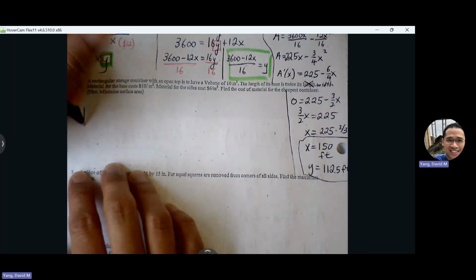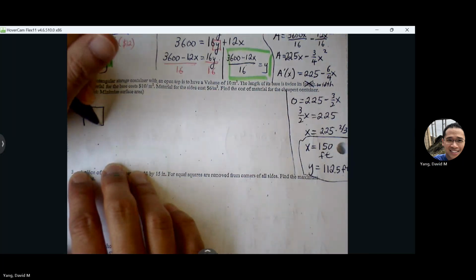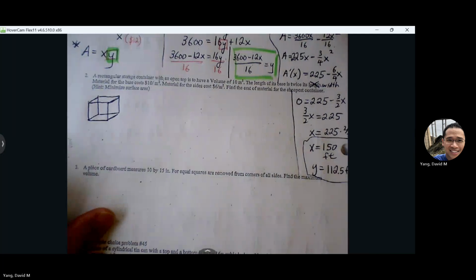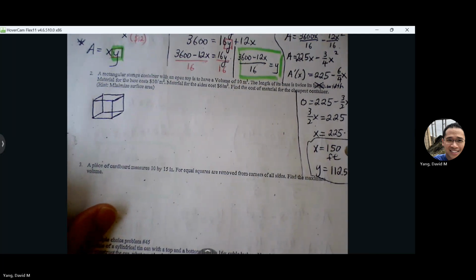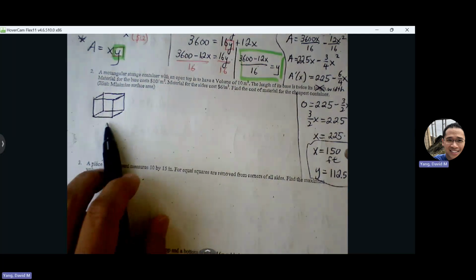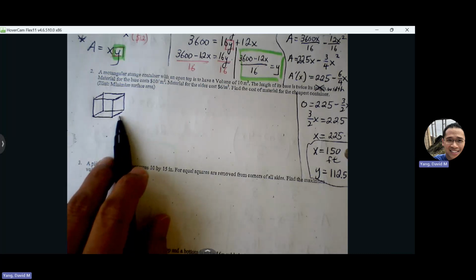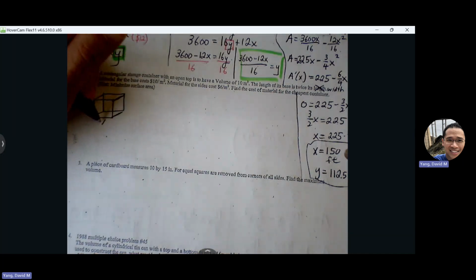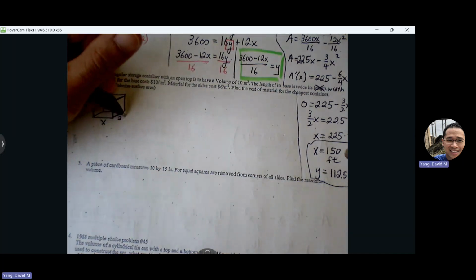Let me draw this. So we do have a relationship between the sides of the base here. The length of the base is twice its width, so we can call one side x and the other side 2x.